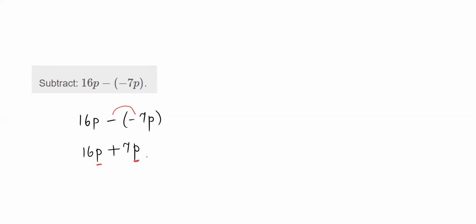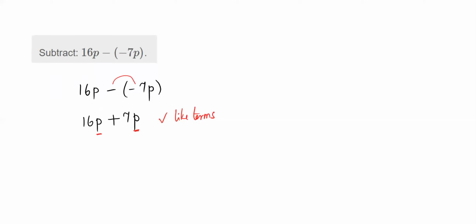Yes, the p and the p, like terms. Like terms means we can combine them, they are compatible. So we combine the 16 and the 7, only the coefficients, but retain the p as it is. Do not do anything to the p, just keep the p. And 16 plus 7 is 23p, and that's your answer right there.